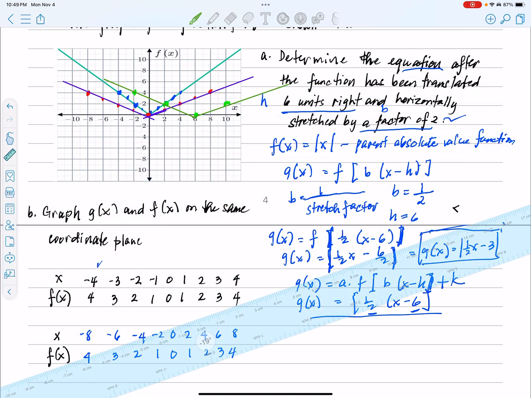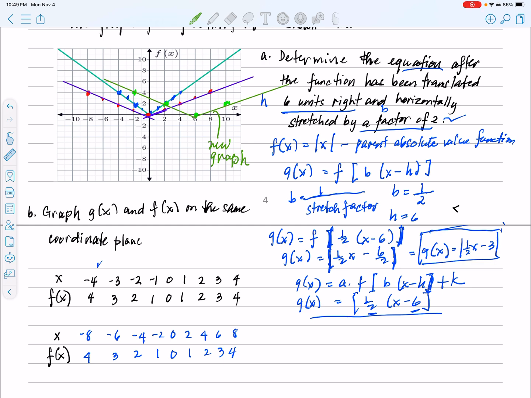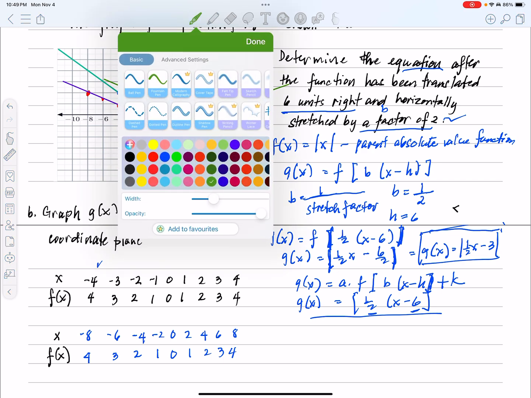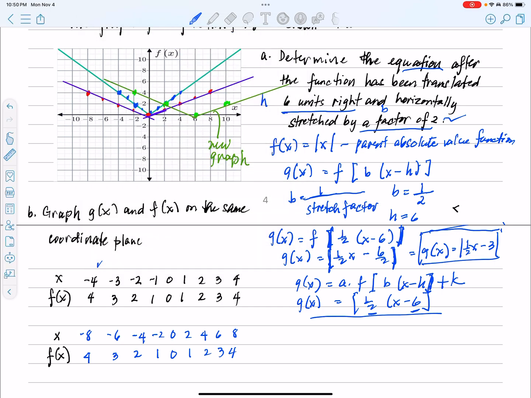This is the new graph. All right. After you translate and then after you stretch. Okay, I'm going back. All right.